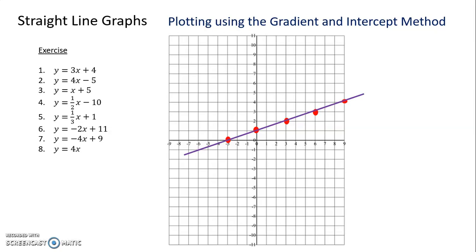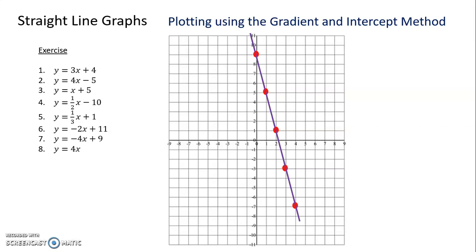Now we're into some negative gradients. So the y-intercept for question 6 is 11, and then -2 is the gradient, so along one, down 2. And then join those up. Question 7, intercept is at 9, and then along one, down 4. And then join those up to make a nice straight line.